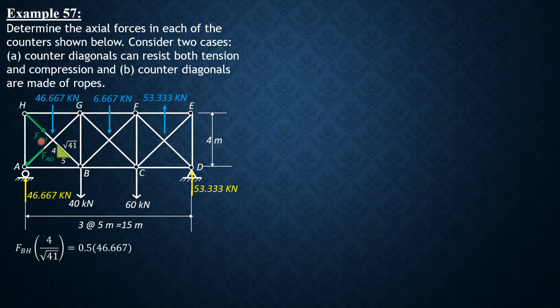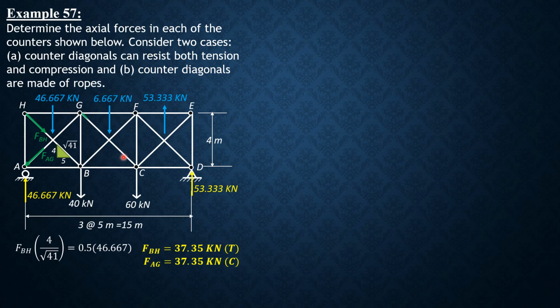So by assumption A, we then equate the vertical component of FBH to half the panel shear, or 0.5 of the panel shear. So the vertical component of BH is FBH times 4 over square root of 41 equals 0.5 of 46.667. So FBH is 37.35 kilonewtons tension. Because the counter diagonals are symmetric, then FAG is also 37.35 kilonewtons but in compression.